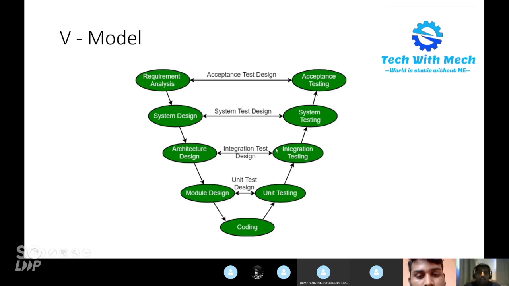Until about 2010, the V model was the one most often used, and it was well recognized. Most industries were using this V model. It was not designed by one person; they say it was designed in parallel in America and also in Germany.